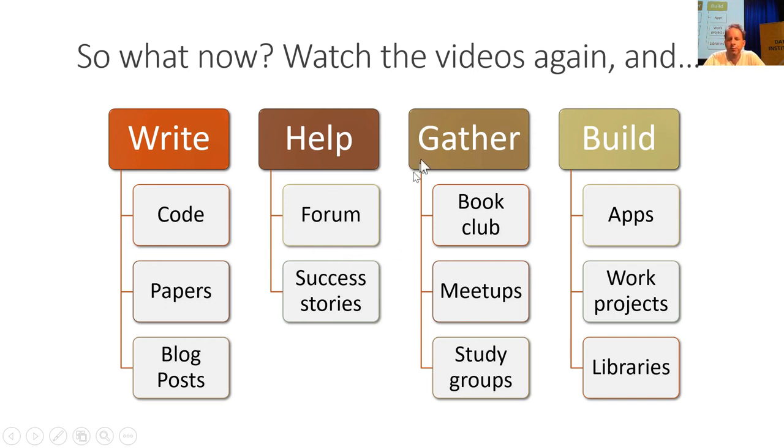But perhaps the most important one is get together with others, right? People's learning works much better if you've got that social experience. So start a book club, get involved in meetups, create study groups, and build things, right? And again, it doesn't have to be amazing. Just build something that you think the world would be a little bit better if that existed.